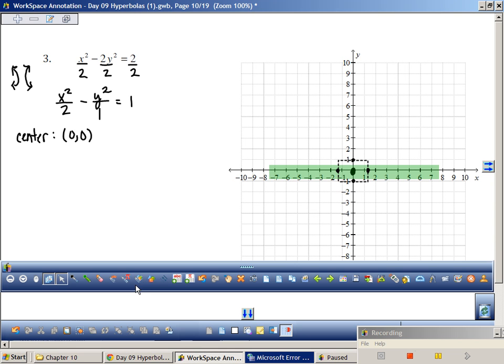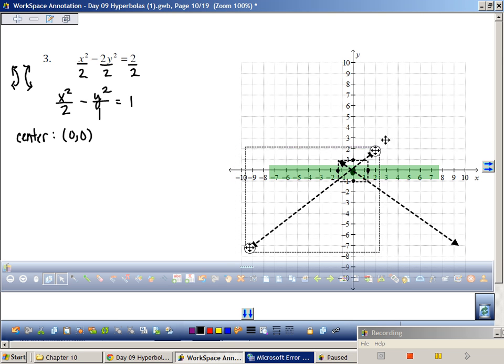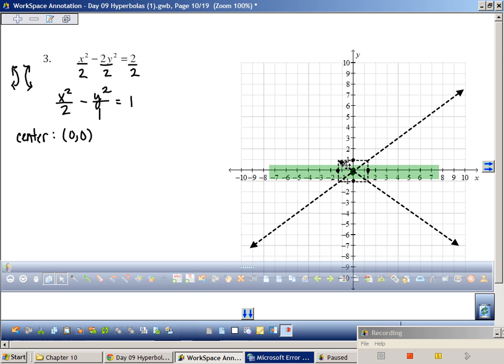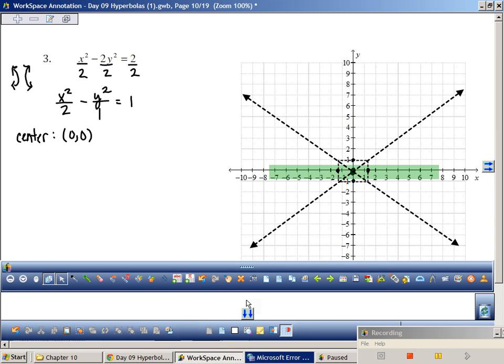Okay, now what? Let's draw our asymptotes. Okay, there's our asymptotes.